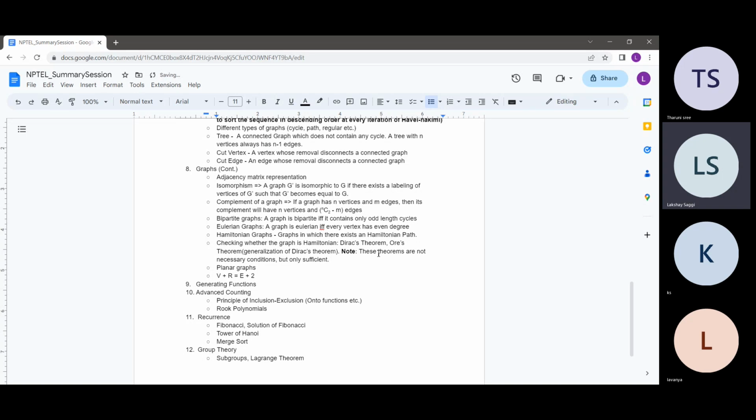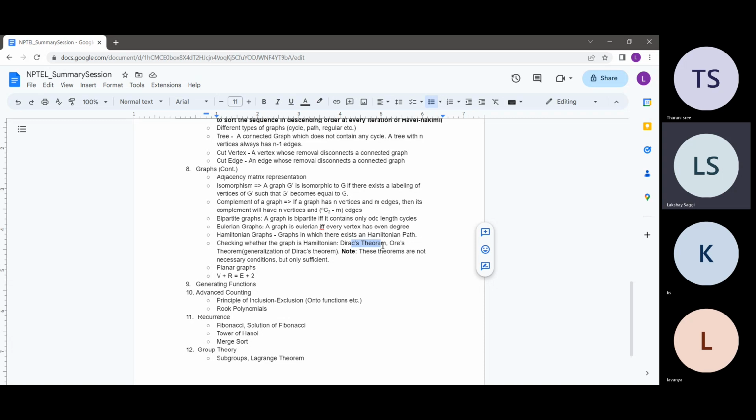So suppose we take Dirac's theorem, which says that if the degree of every vertex is greater than or equal to n by 2, then the graph is Hamiltonian. But it does not say anything if the degree of some vertices is less than n by 2. There can exist Hamiltonian graphs where some vertices have degree less than n by 2, and those graphs can still be Hamiltonian.